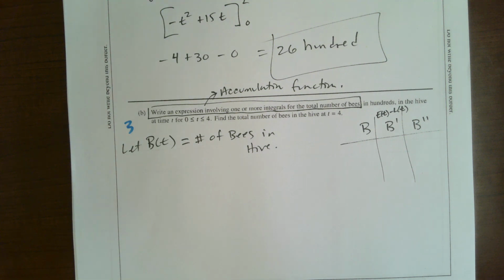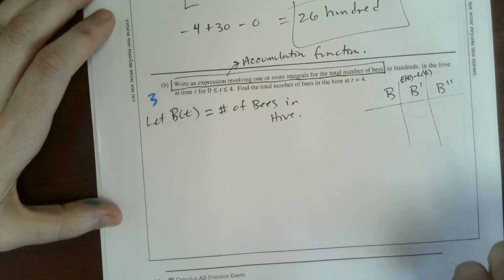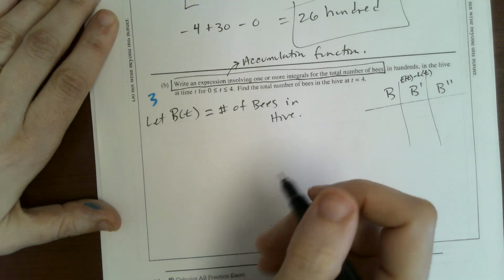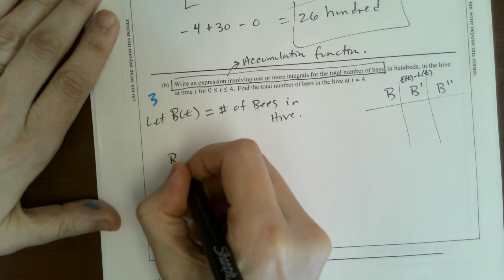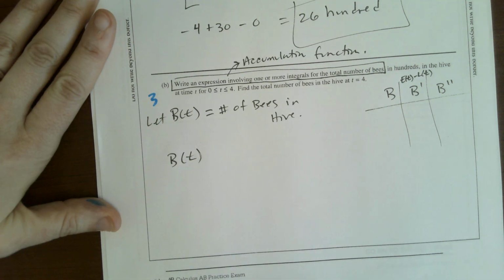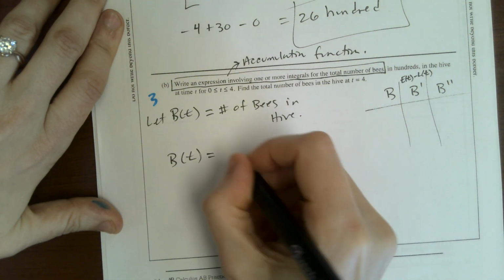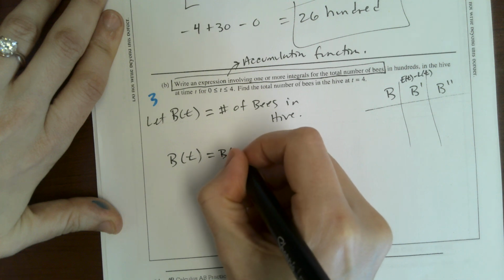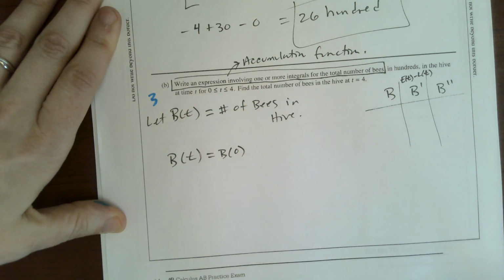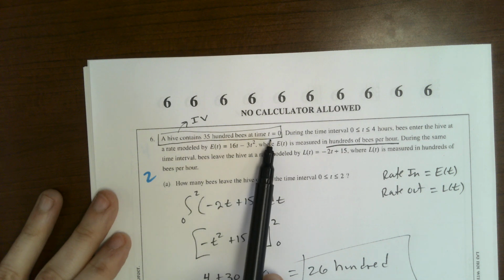All right, now I need to set up an accumulation function. And the way it goes, guys, it's just like the net change theorem, except you're having a t in the top of the integral. So this is equal to B of 0. We were actually given this. A hive contains 3,500 bees.